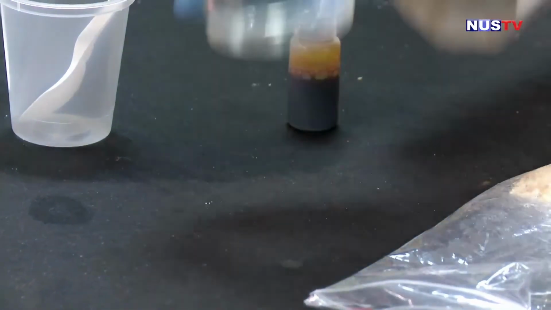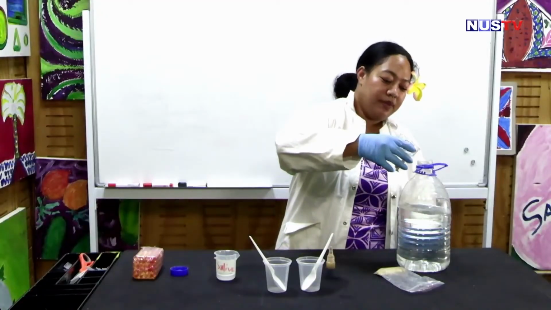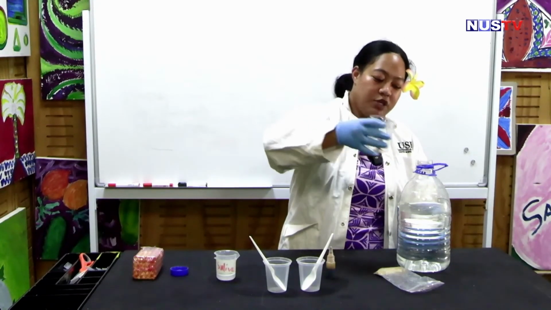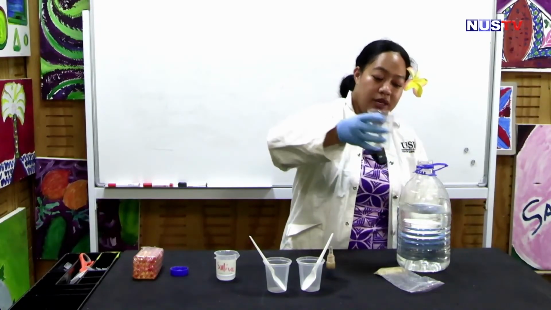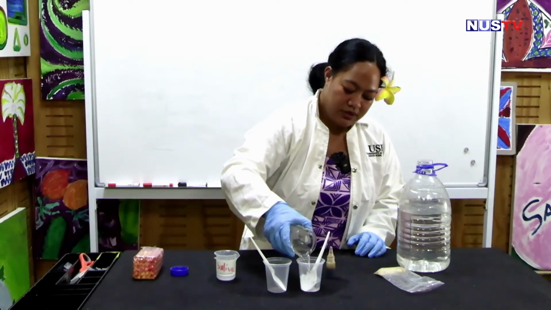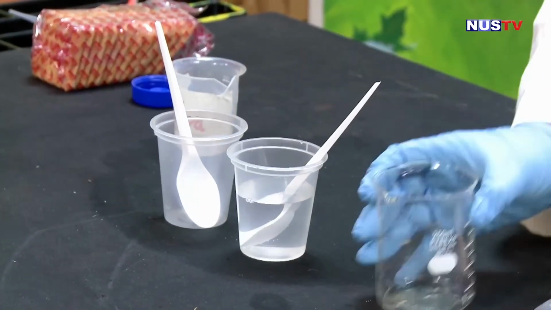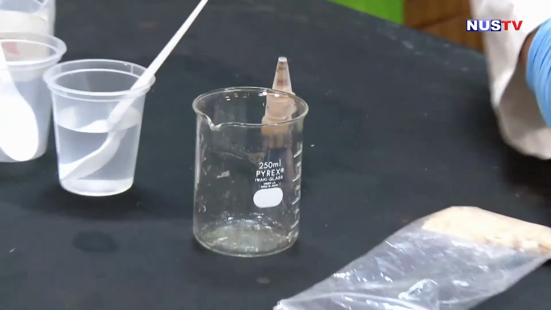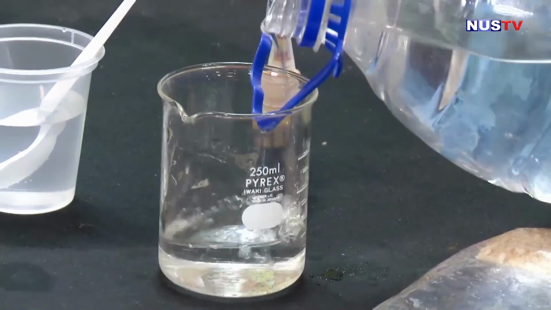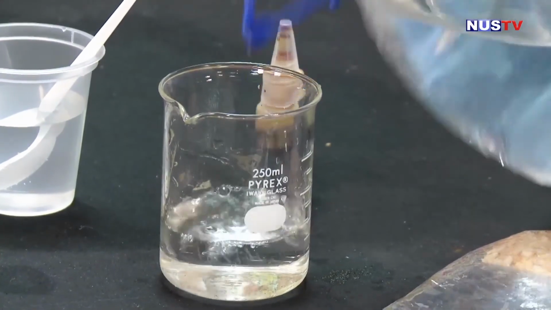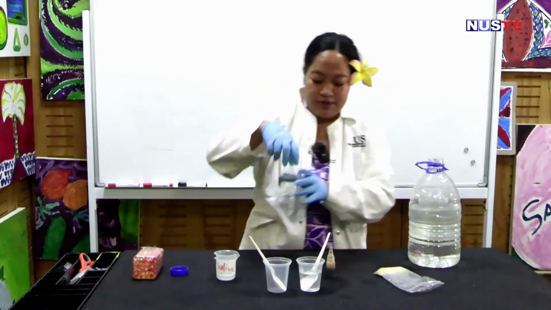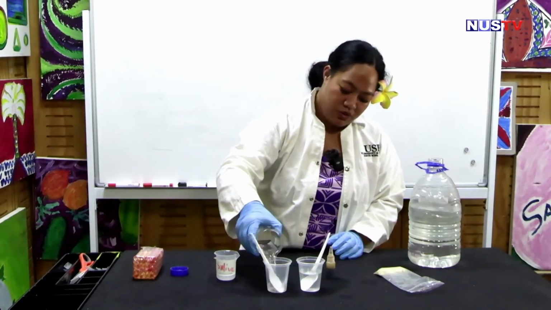There's a little bit too much, so we can pour some out. Make sure our measurements are correct so that we can get the right results. Okay, and do it again. 100 mils into the cup.